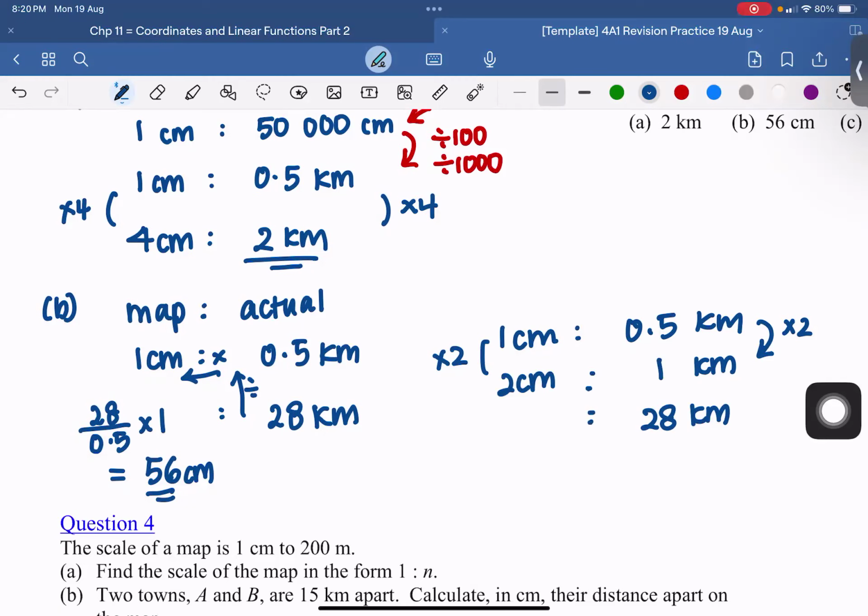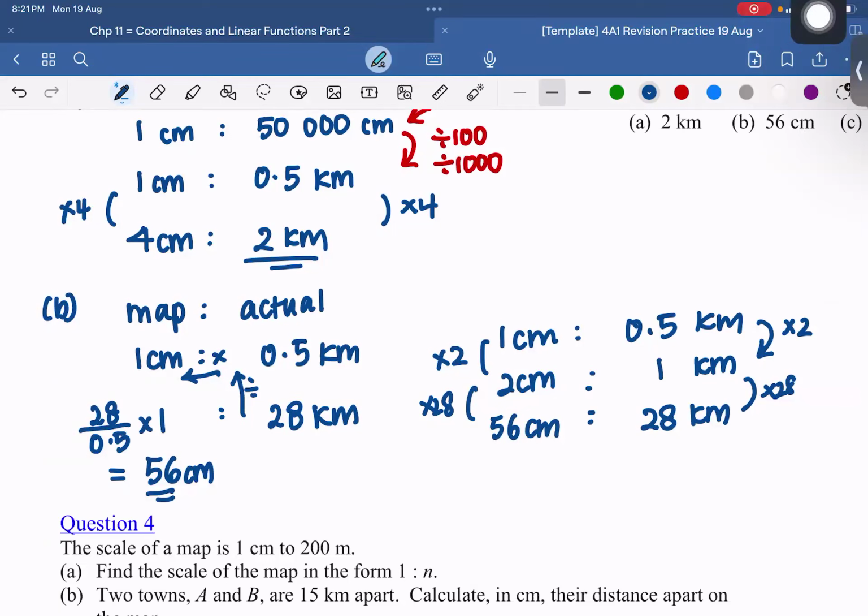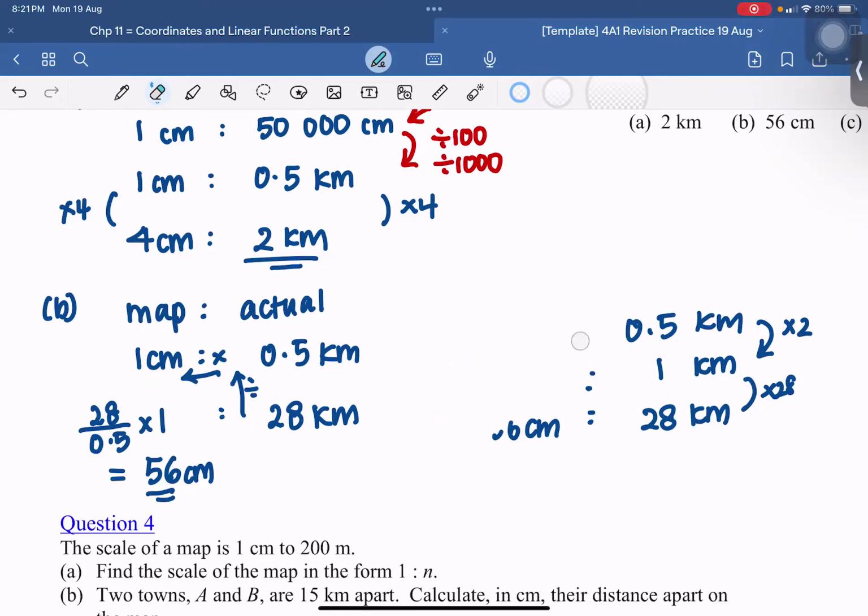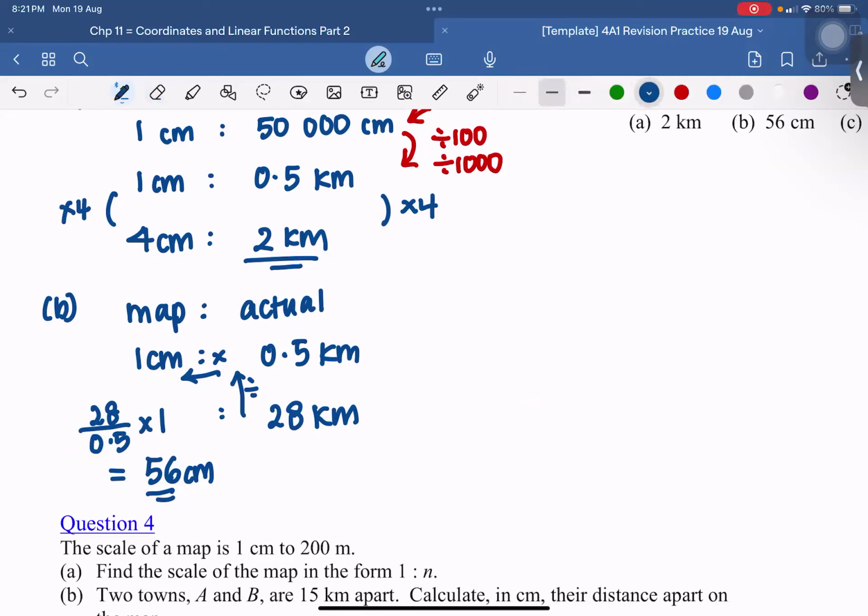Now I already have 1 kilometer from here, I times 28. Then I take 28 times 2. Also can get my answer 56 cm. So it's not the only way to get the answer, right? So you do something that's logical for you to understand and work out the answer will do. But by my habit, I just do division, divide by whatever this number is, then multiply by whatever that number is. Okay?